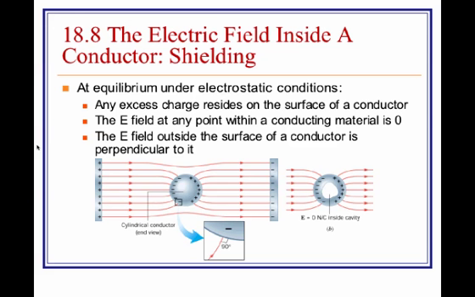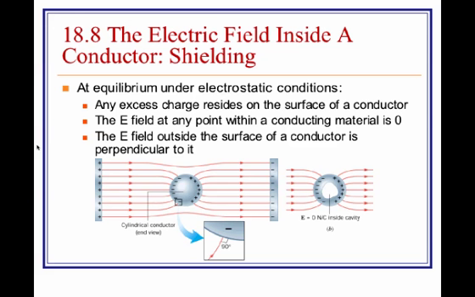So inside, the electric field will be zero because it's canceled out by all the other charge on the opposite side. So the important idea is that within a circular, spherical conductor, the electric field is zero. And actually, within any conducting material, the electric field is going to be zero.